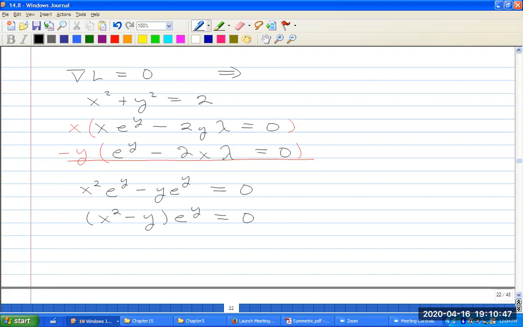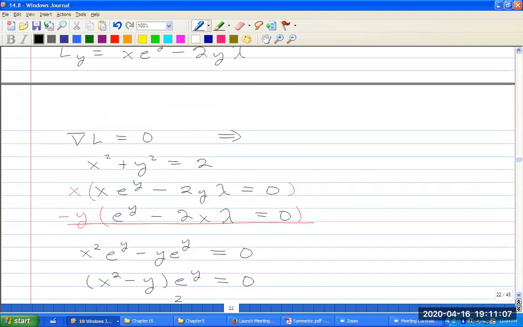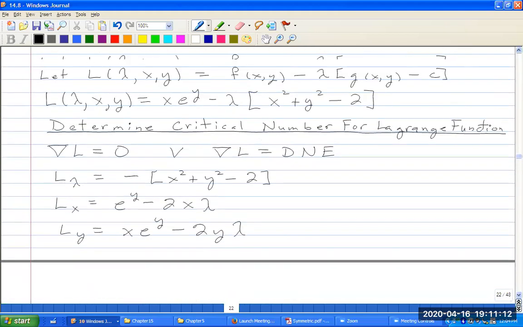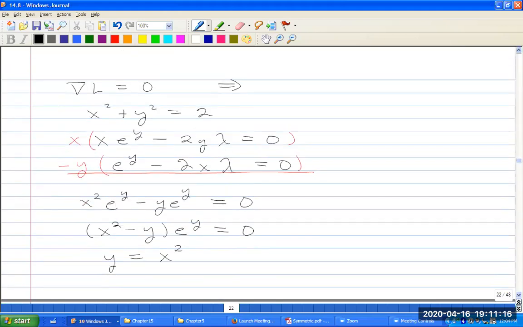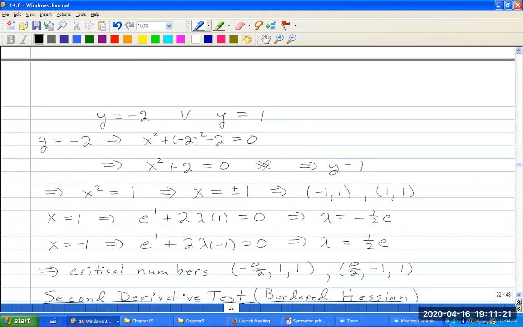Okay. Well, e to the y can't be 0. y is equal to x squared. Okay, so y is equal to x squared. And so let's try to solve that.